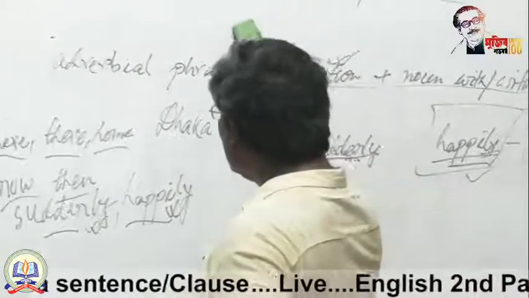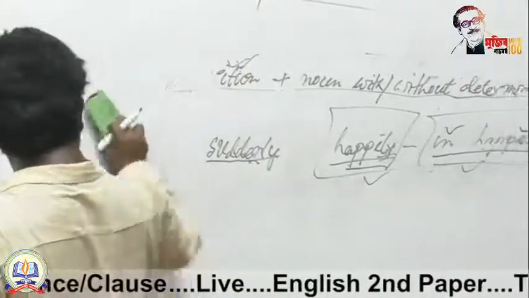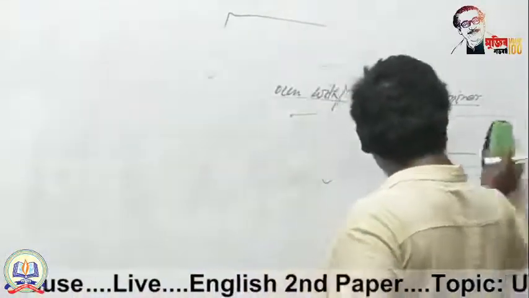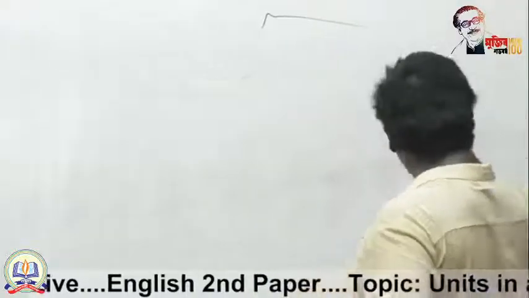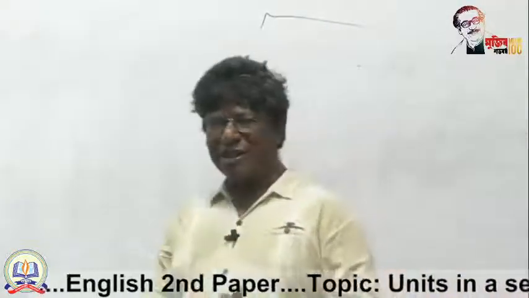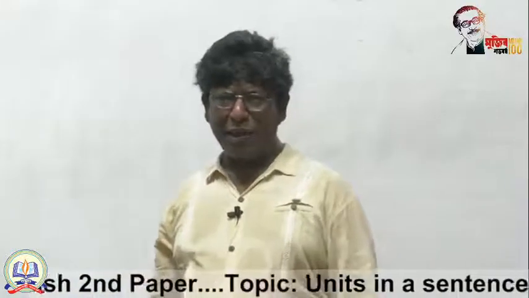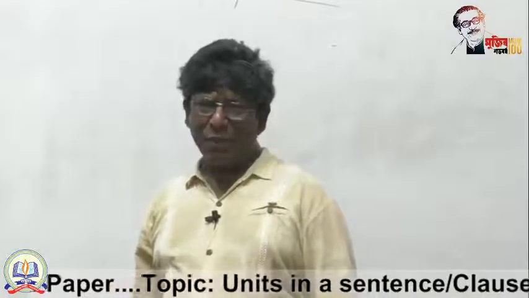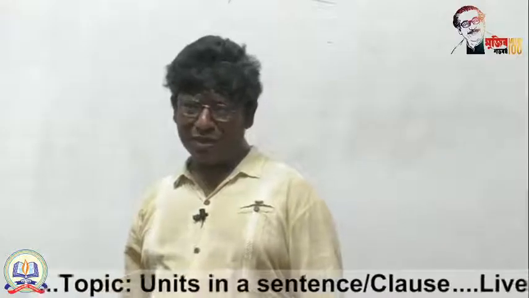So these are the major units in a sentence. As you see on the screen, what are the major or regular units in a sentence? In a sentence, not only subject, finite verb and object, but also we get complements and adverbs as different units.